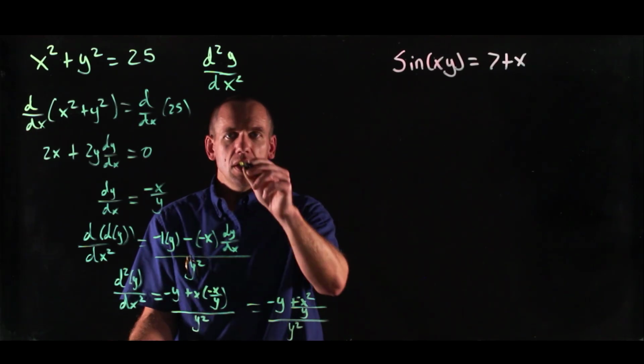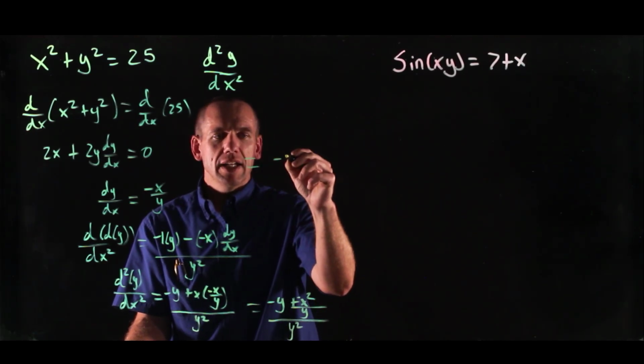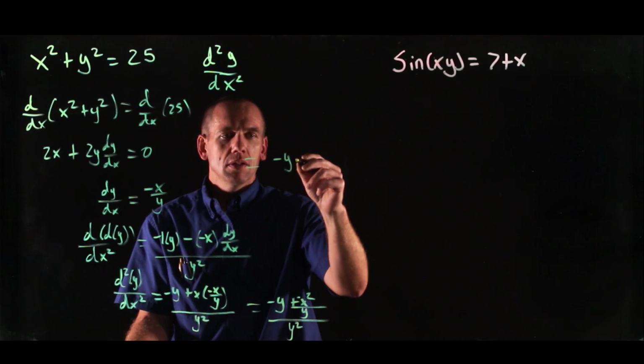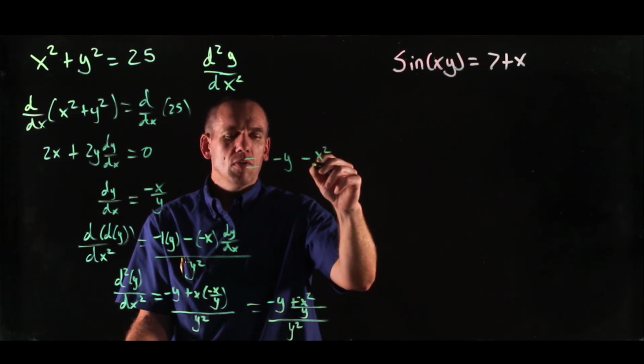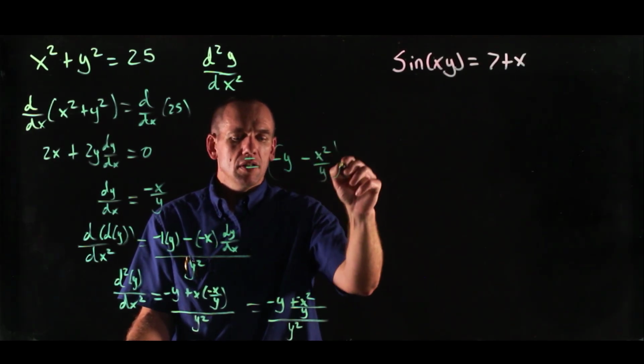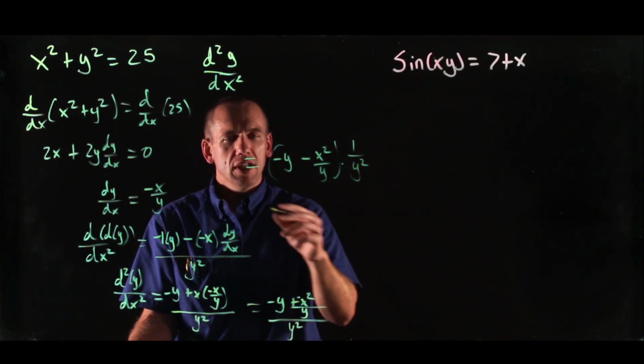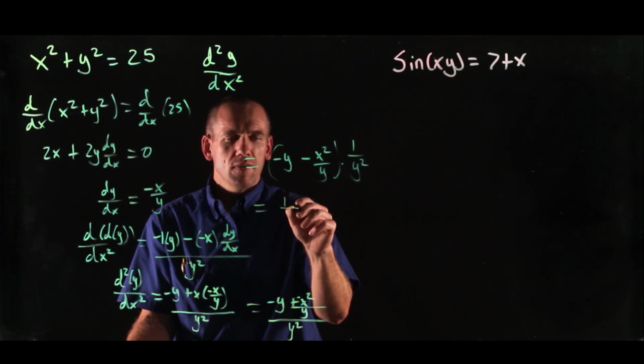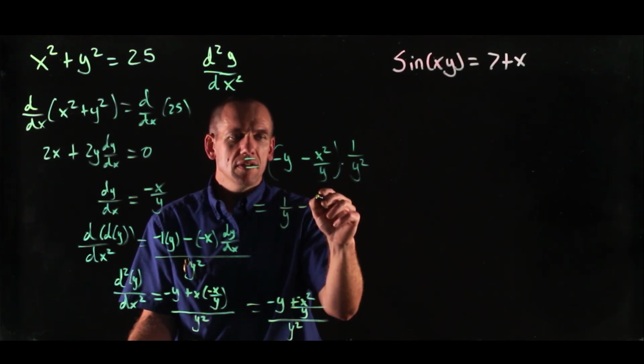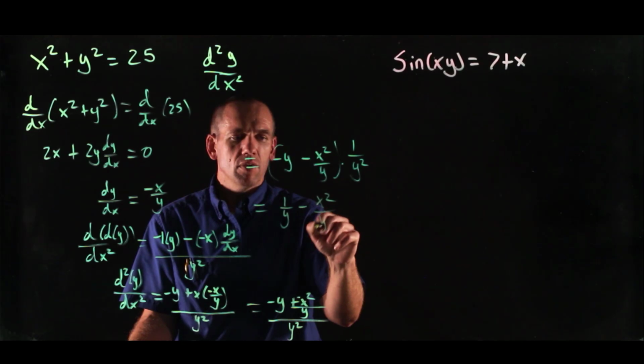Well, this is equal to negative y minus x squared over y times 1 over y squared, which gets us 1 over y minus x squared over y squared.